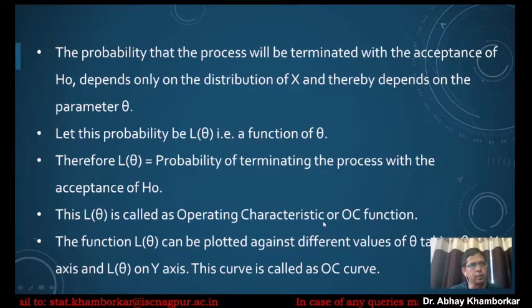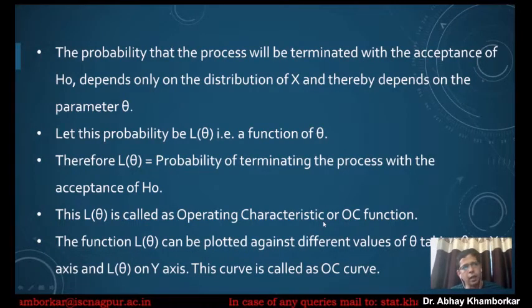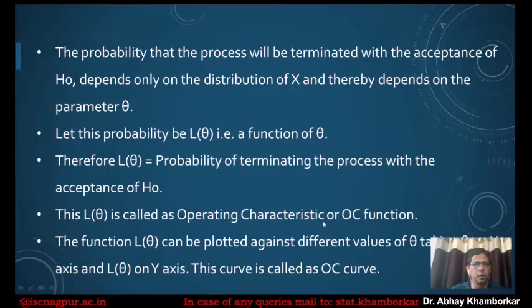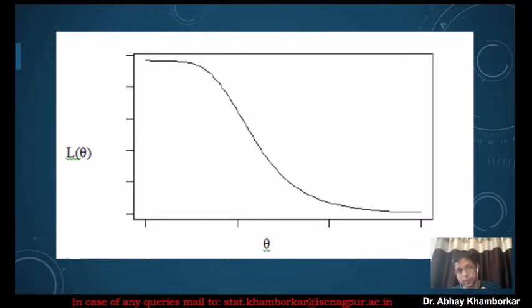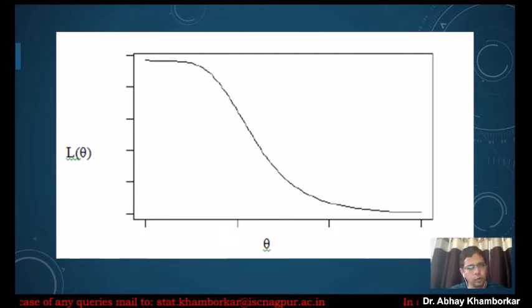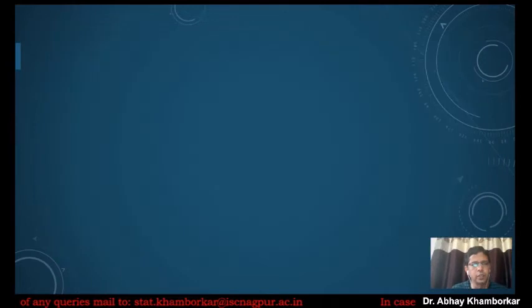If we plot the curve by taking theta on the x-axis and L of theta on the y-axis, then that curve is called the OC curve. This is the general form of the OC curve. Of course we are going to discuss this OC curve in detail in SPRT, but this is basically the general form of the OC function in sequential testing.